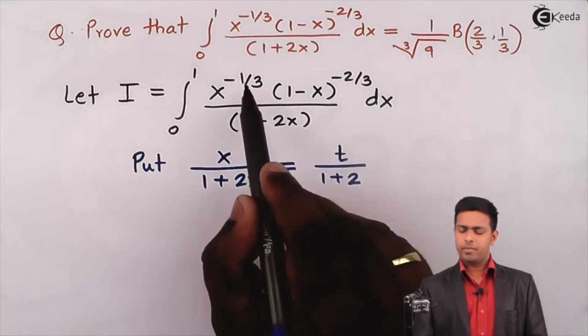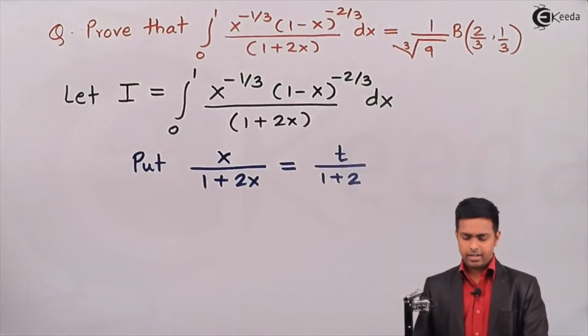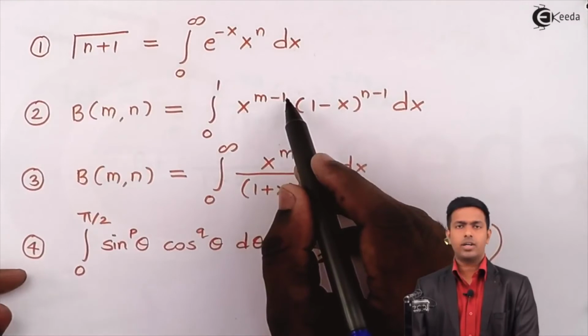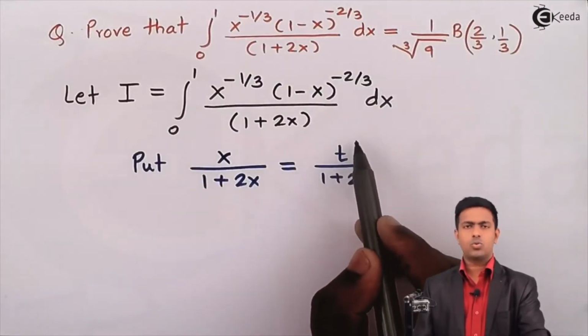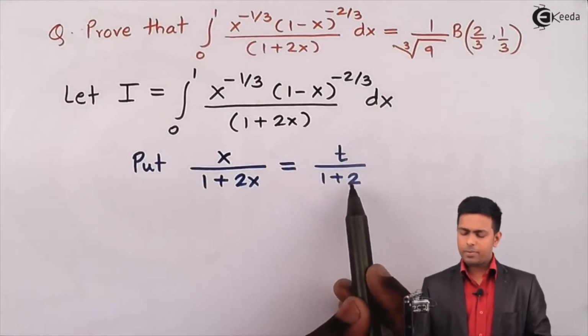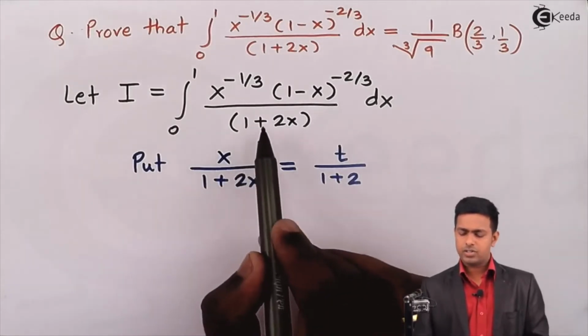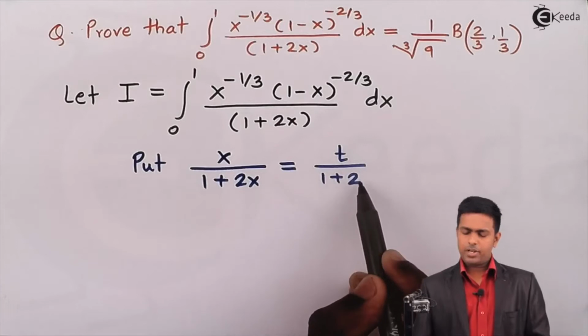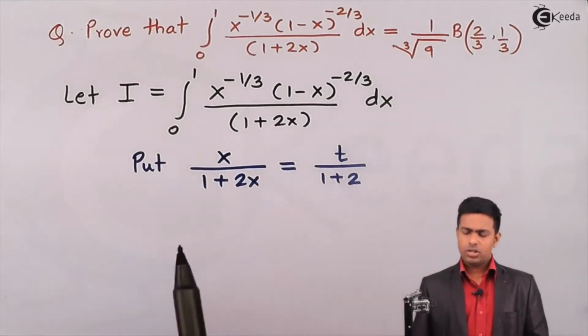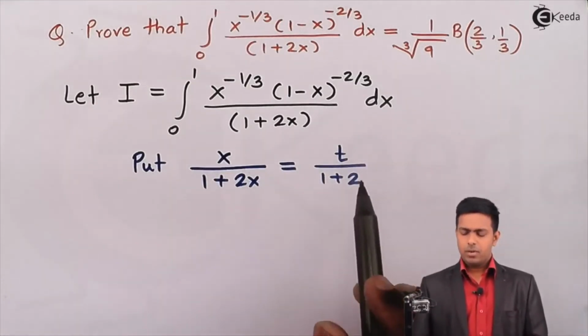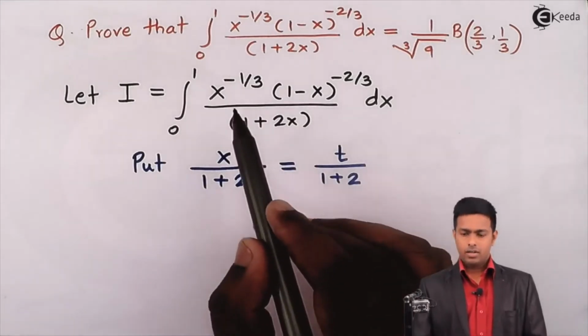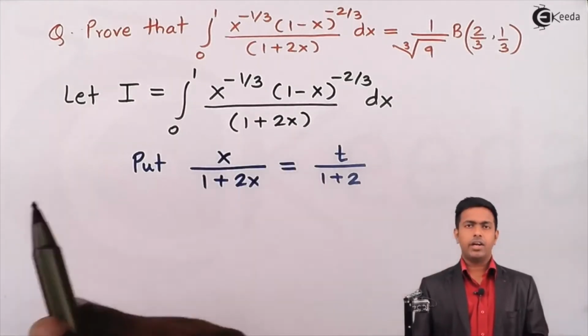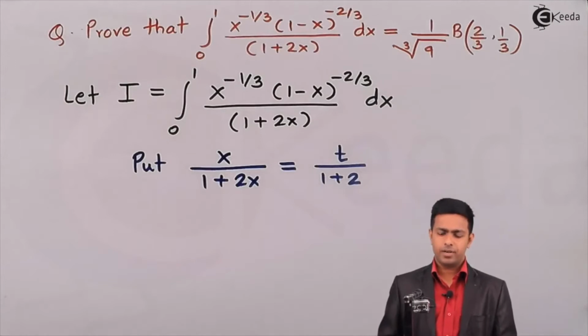So t will be the variable, and we can get the x raised to m minus 1 term through t raised to m minus 1, and this 1 plus 2 are nothing but the coefficients of x and the constant. So remember this substitution, by which we can convert the above integral into the definition of beta function.